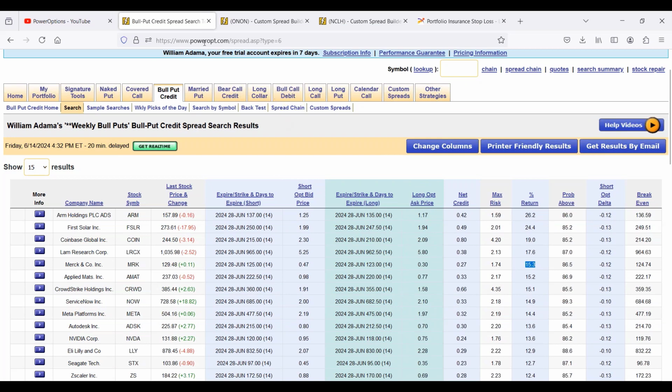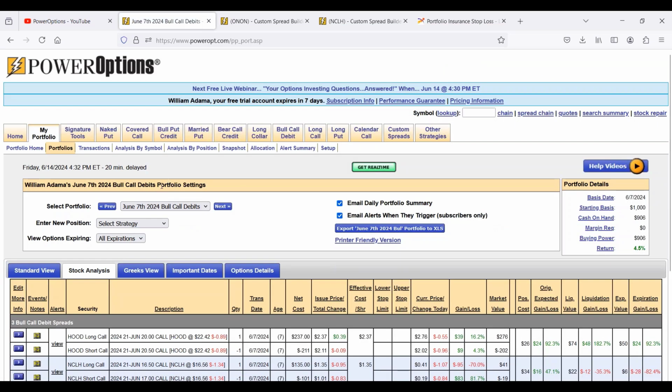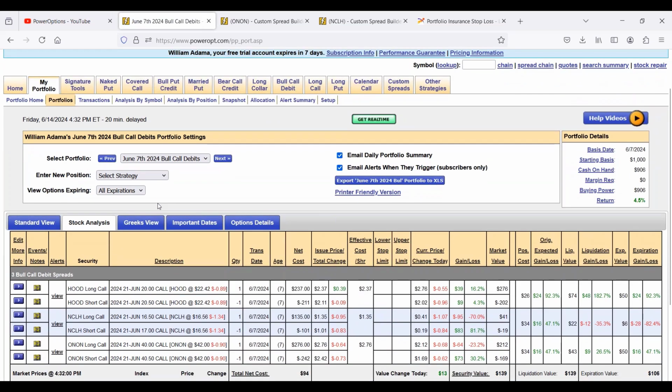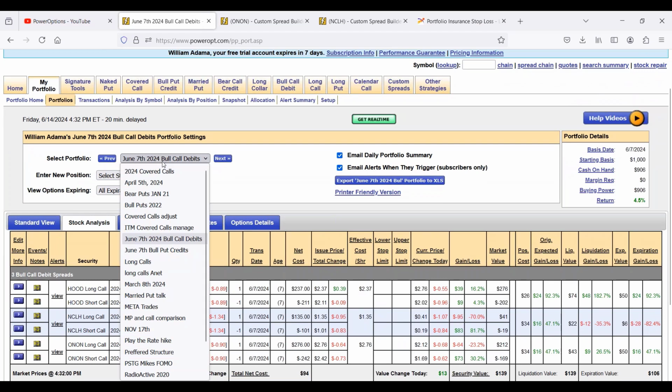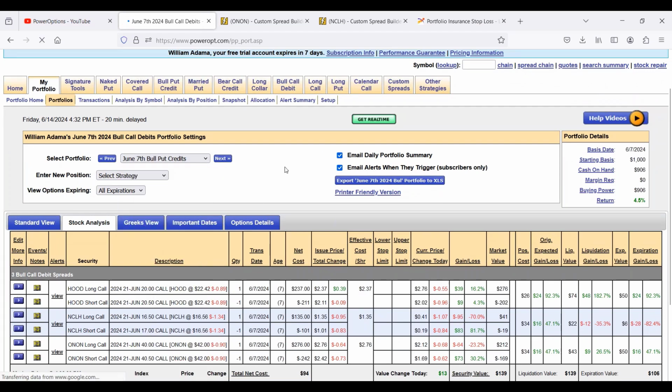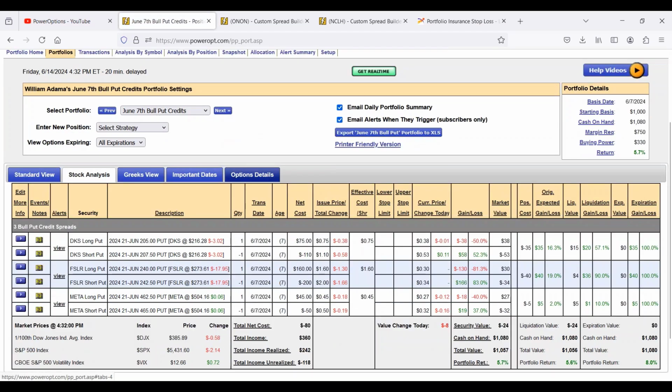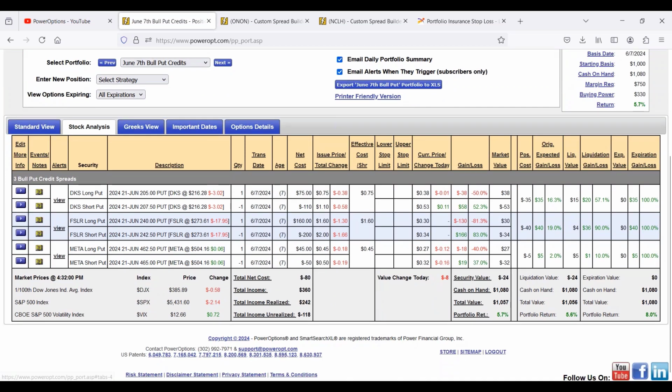But last week, on the close of Friday, the positions we looked at for Alfonso's three bull call debit spreads were based on the closing values. That's what we added. On the close last week, the three bull puts that were likely the top three of the search included Dick's Sporting Goods. Now, this is a reverse one. Instead of using in-the-money calls in a bull call debit, we're using out-of-the-money puts in the bull put credit spread screen.